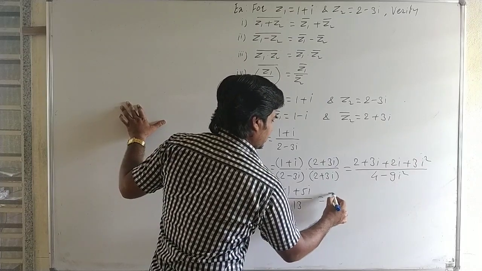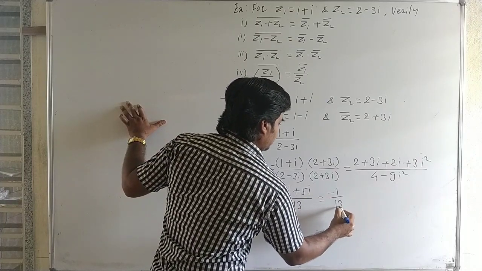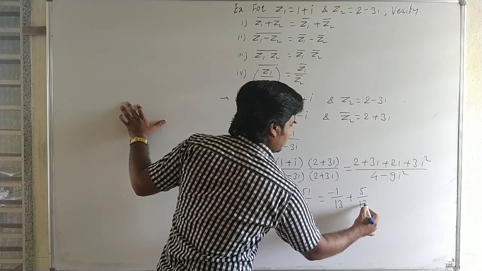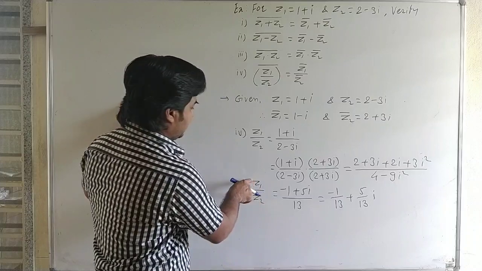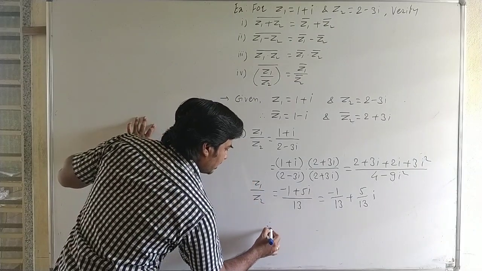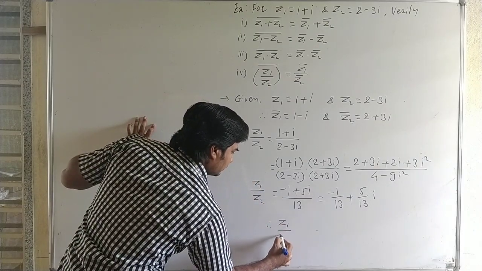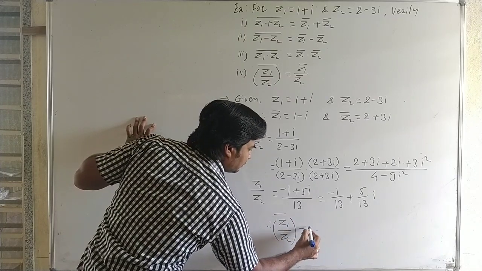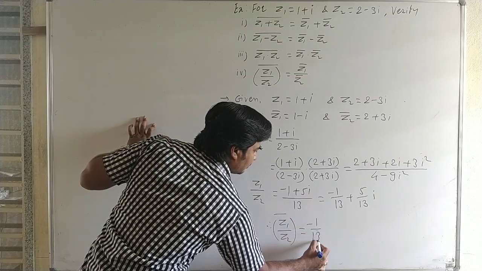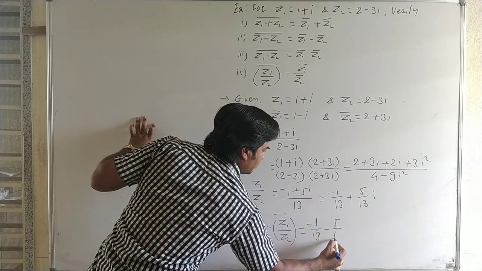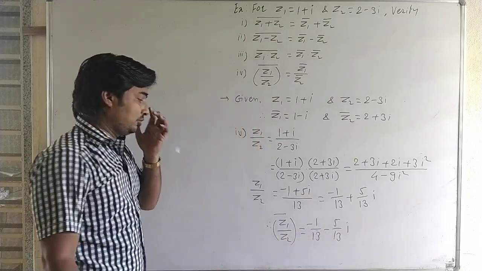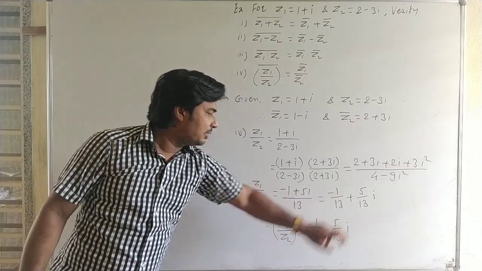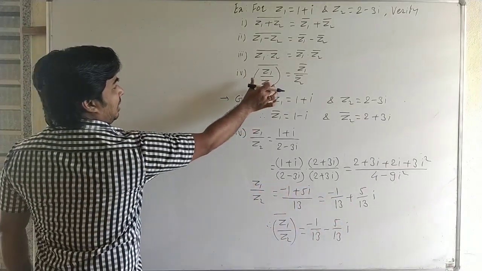And then it is minus 1 upon 13 plus 5 upon 13 i. It is z1 upon z2, therefore we can write the conjugate of it is minus 1 upon 13 minus 5 upon 13 i. It is the conjugate of this number. Okay, changes only the sign of the imaginary part. Okay, it is the LHS.